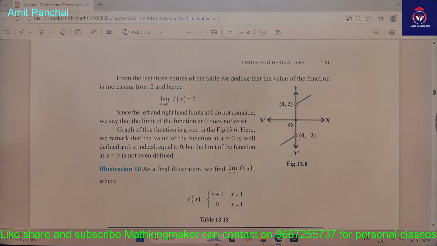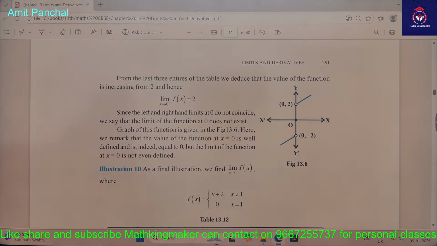Sir, so first we have to take limit x tends to 1 negative, right? Yes, yes. f(x) equals to 3, and x tends to 1 positive, f(x) equals to 3.